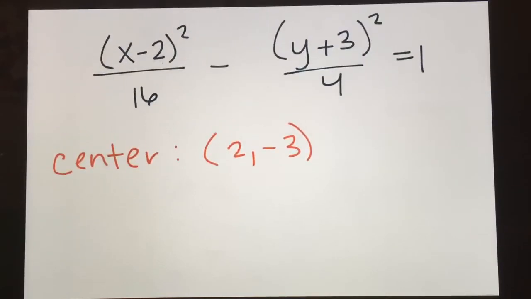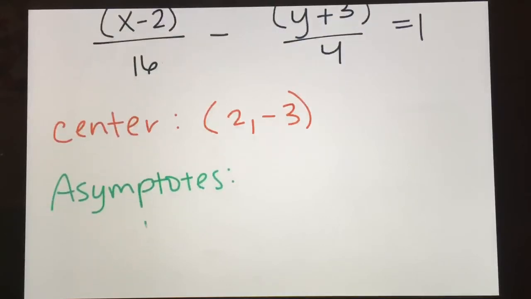So we always start off with the y minus k piece of the graph, which was y plus 3 in this case. So for my asymptotes, I'm going to start off with y plus 3. And then the fraction I'm going to put in front is the value of b divided by the value of a. That was silly of me.